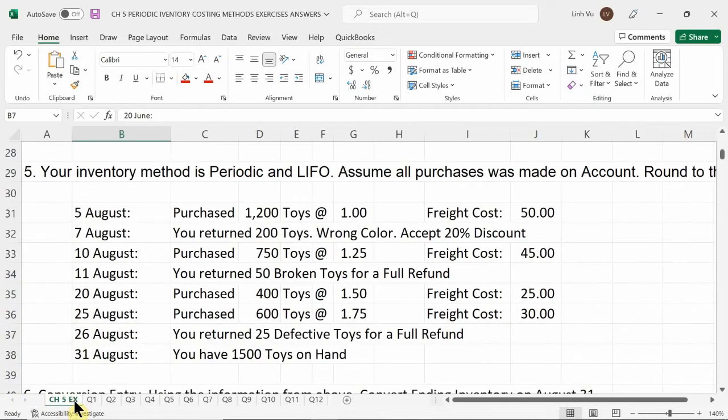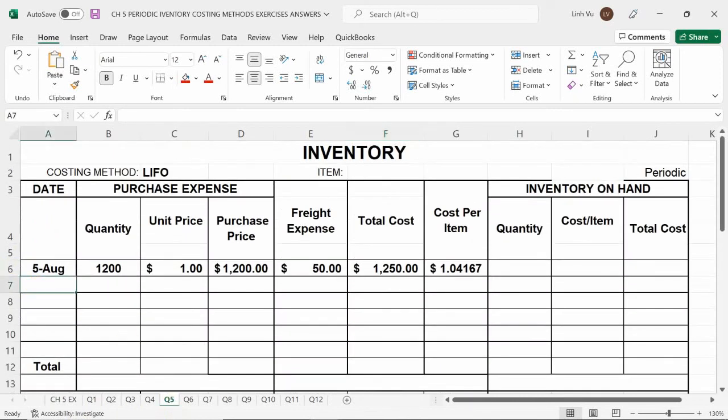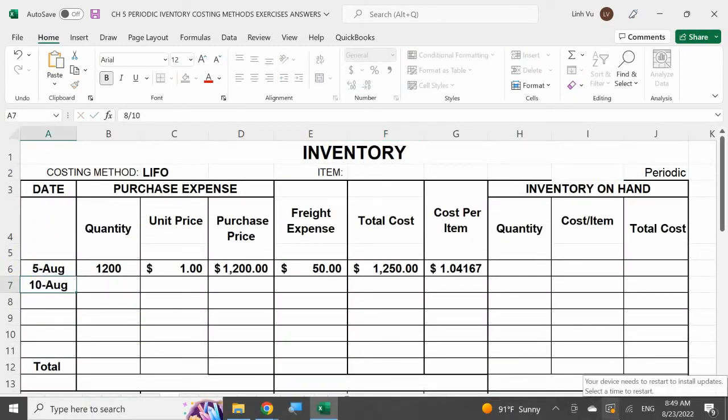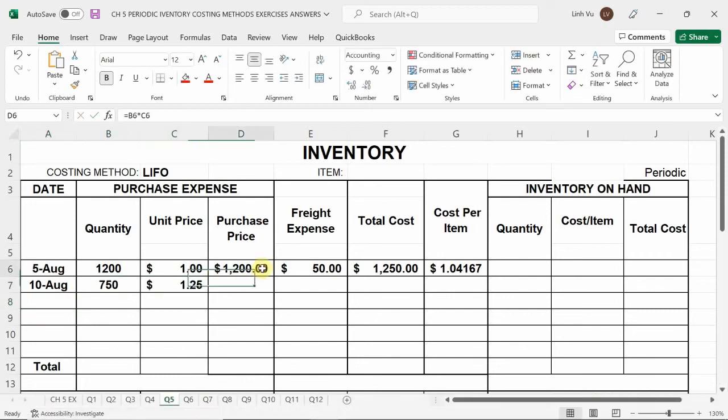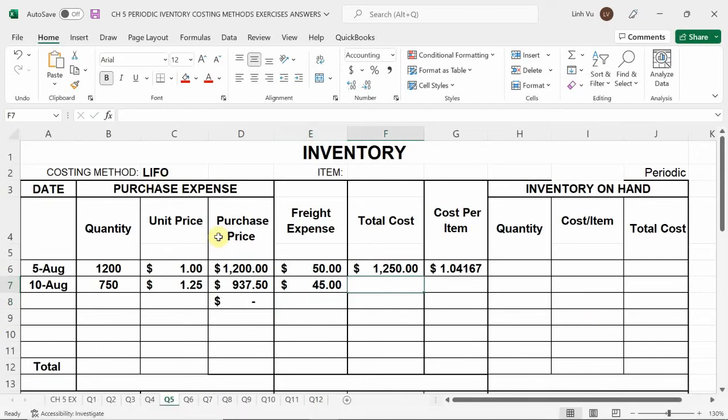On August 10, we end up purchasing another 750 toys at $1.25 with a freight of 45. So 750, 1.25, and 45 for the freight. The purchase price is $937.50, plus the freight of 45, is $982.50.